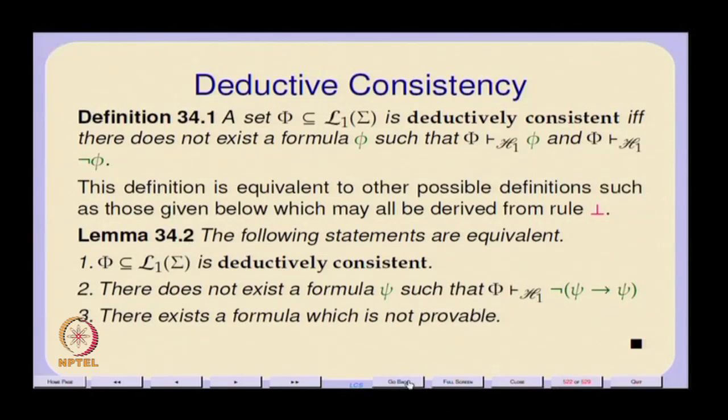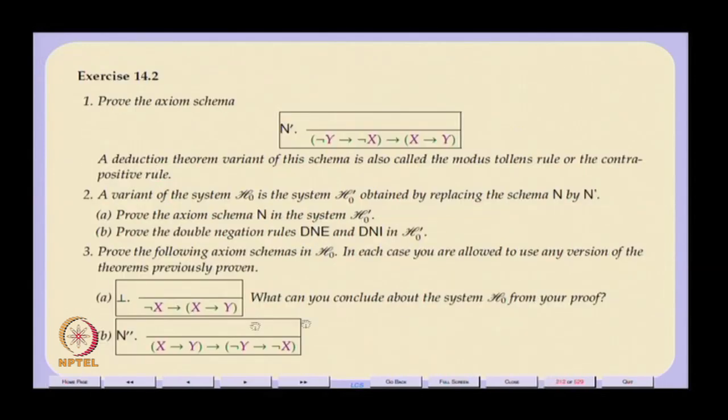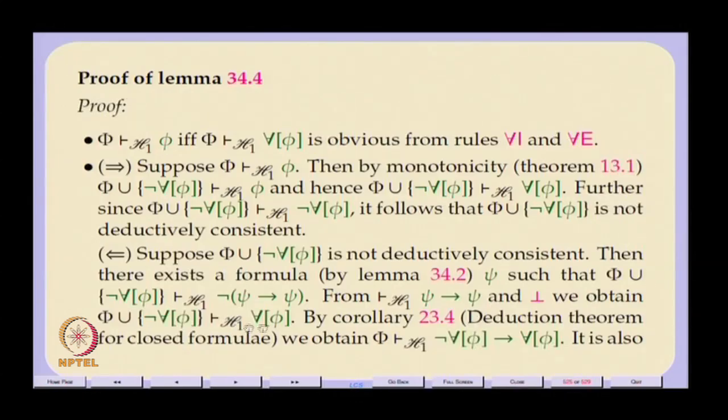If so, I can prove not of psi arrow psi from these assumptions, and I can use that psi arrow psi is a theorem of both H naught and H 1. It does not matter what it is, it is a tautology, so it always holds, and then we have this bottom rule: if you can prove a formula and its negation, then you can infer anything you like. So, by using this we obtain that I can prove the universal closure of phi.